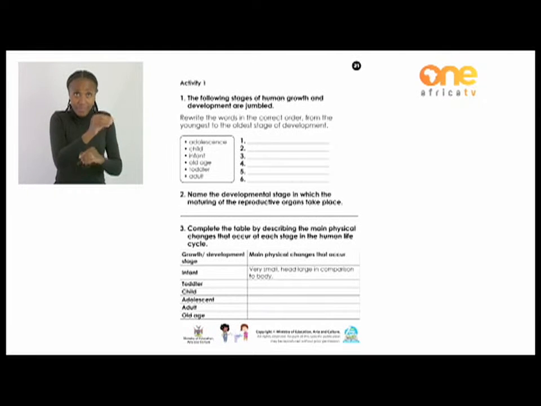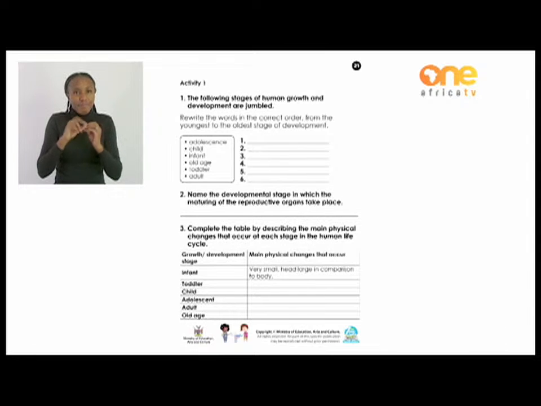Now, we want you to rewrite the words in the correct order from the youngest to the oldest stage of development. You have them on the left, all of them written down. Now we want you to write them in order from which one comes first in somebody's life until the last one.